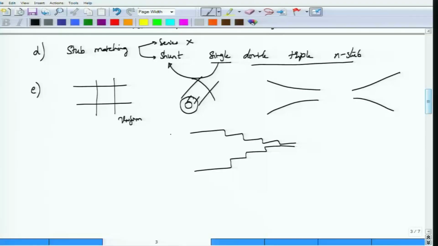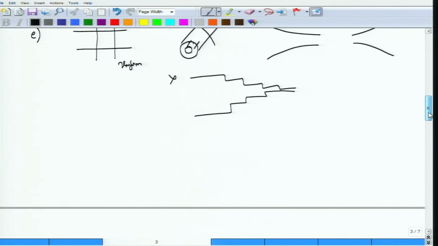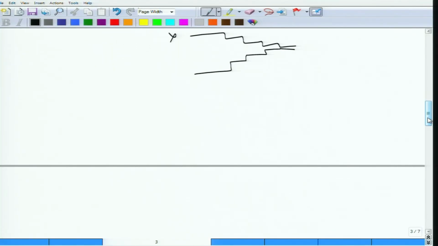So unfortunately we will not be able to deal with even these types of transmission line matching networks. So let us concentrate only on one type of matching network, which is the single stub matching network. So our goal is to consider single stub matching network.